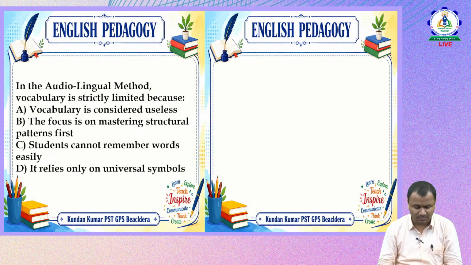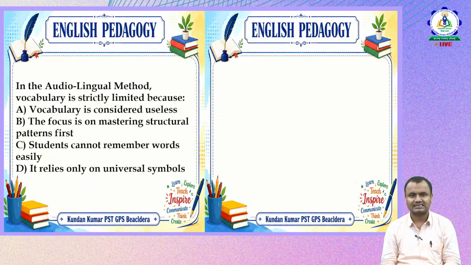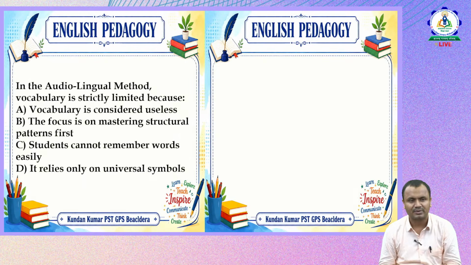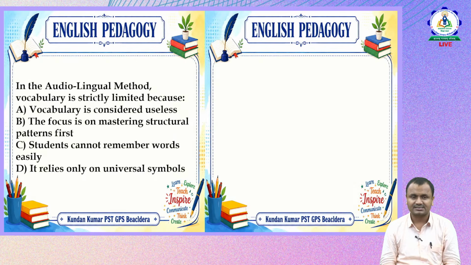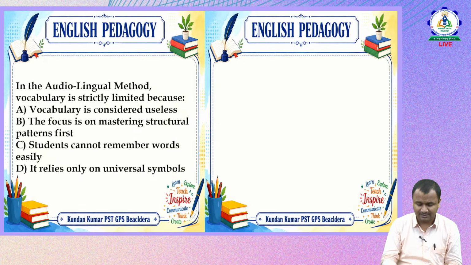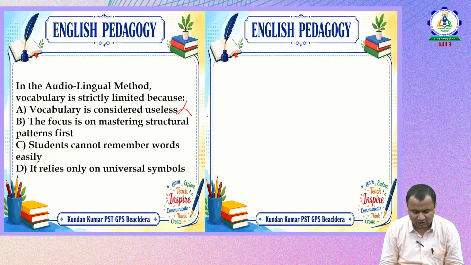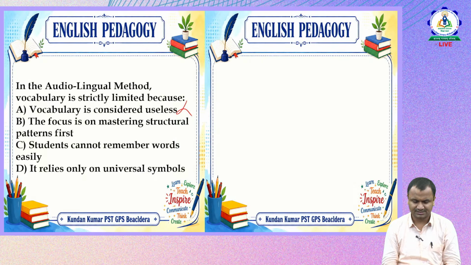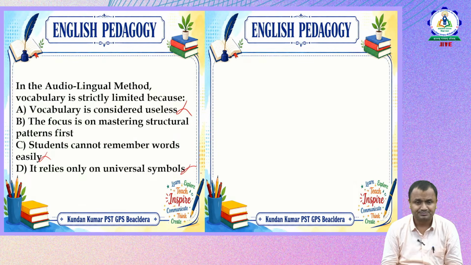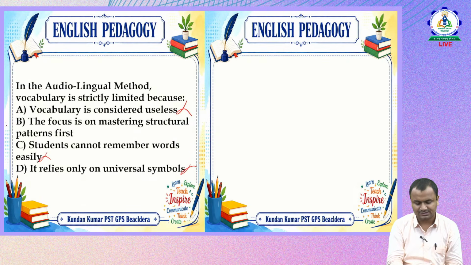In the audiolingual method, vocabulary is strictly limited. Why is it limited? Because vocabulary is considered useless? If it is considered useless, then why is it presented? It's wrong. The focus is on mastering structural patterns first. Maybe students cannot remember words easily? It's a totally different thing. It relies on universal symbols? That's wrong. They focus on mastering structural patterns.